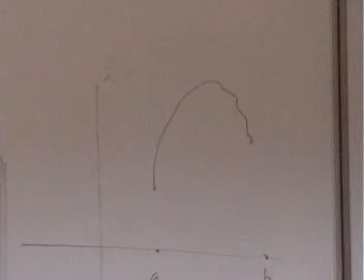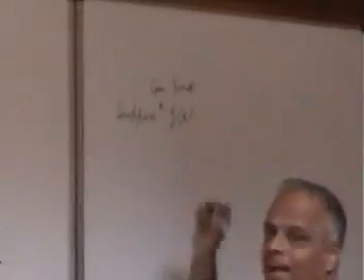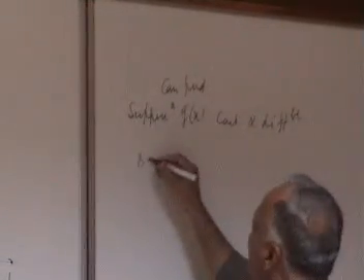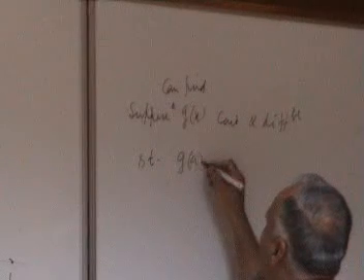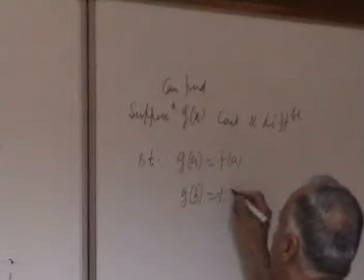So what happens is, suppose we can find g(x), continuous and differentiable, same conditions, such that g of a equals f of a and g of b equals f of b.